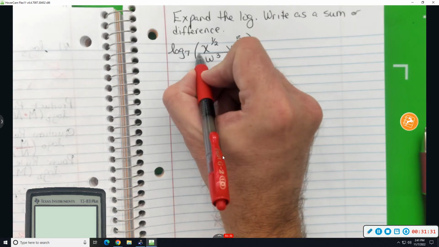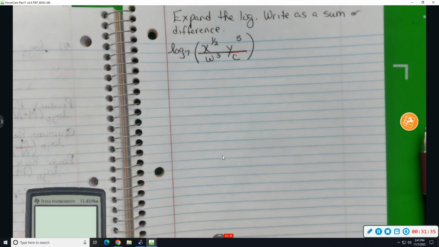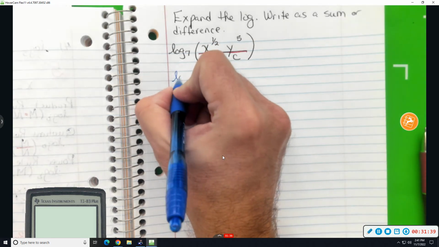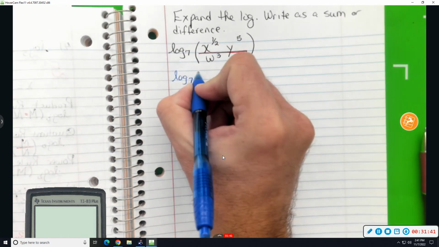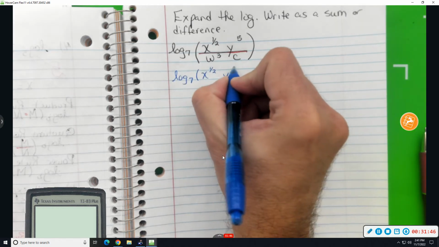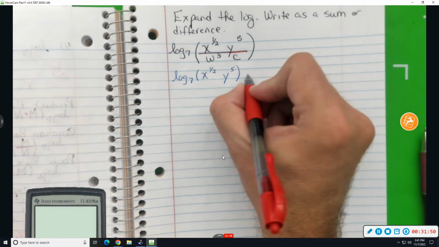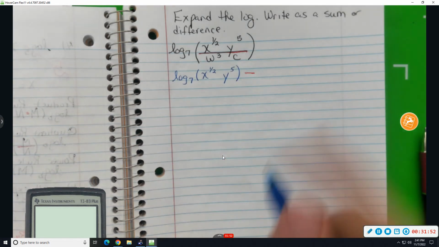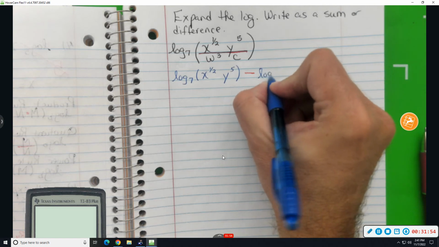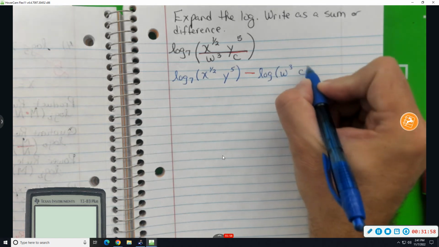So right here, I'll put red. I'm going to write it as log base 7 of x to the 1/2 y to the 5th minus log w to the 3rd c.